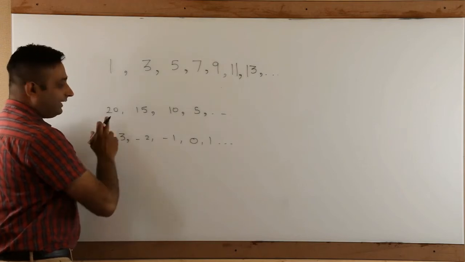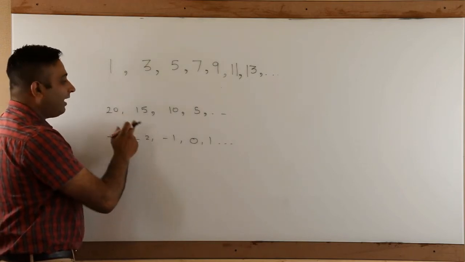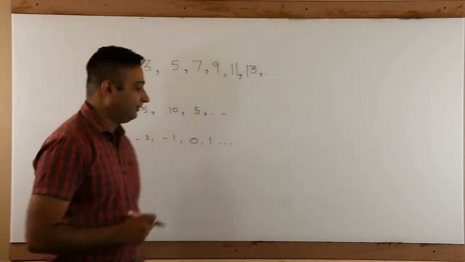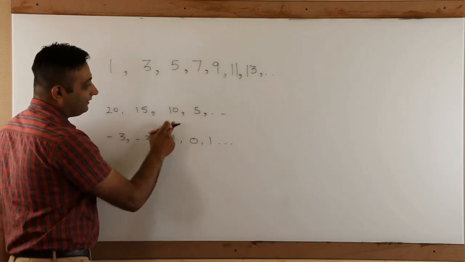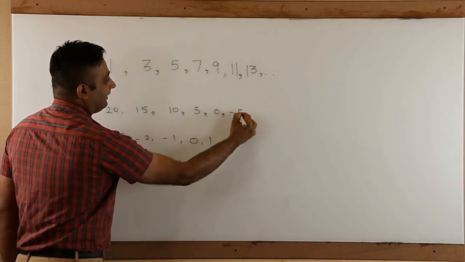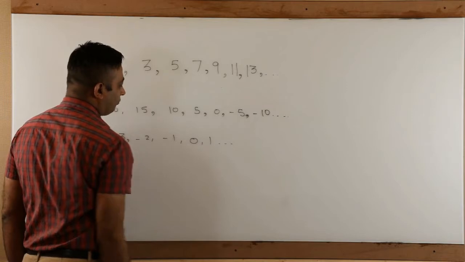In the second list, we can see that the succeeding term is obtained after subtracting 5 from the preceding term. That is 20, 15, 10, 5. The next terms would be 0, then minus 5, then minus 10 and so on.